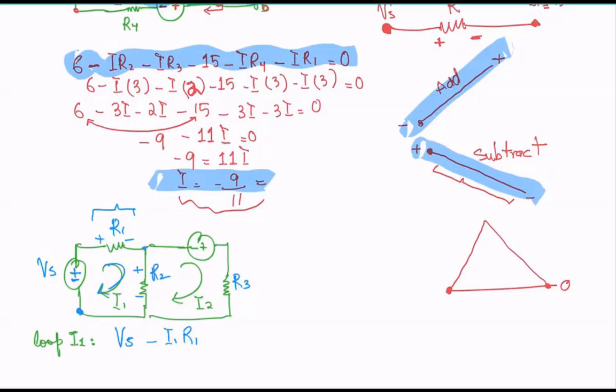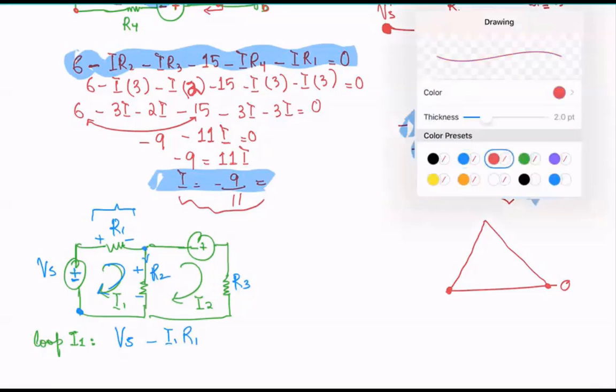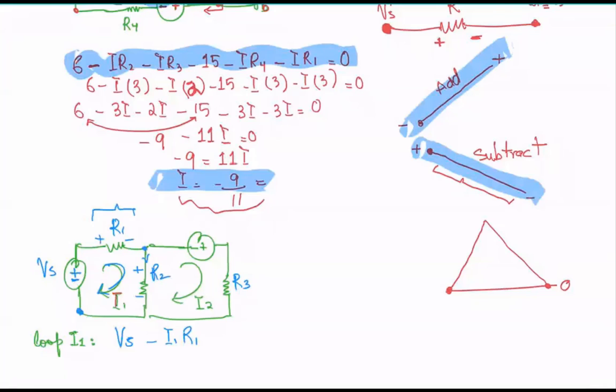And so I'm here now. Now I need to go this way. When I get to R2, the problem is that it's not just I1 which is flowing in this direction. I also have I2 which is flowing this direction. So I1 is going down and I2 is going up, so they are opposite of each other.